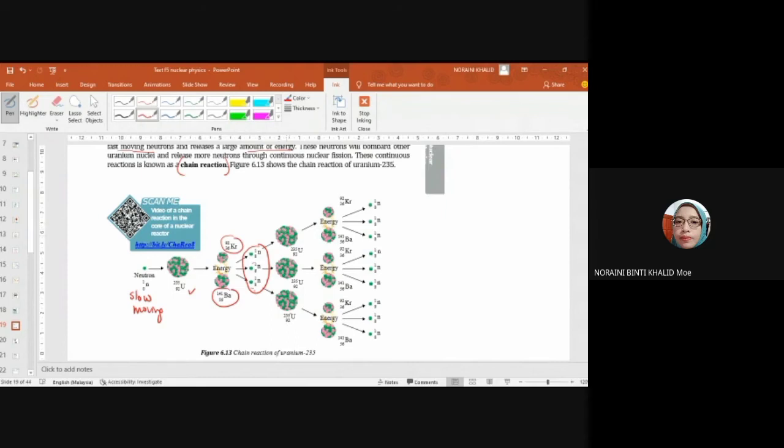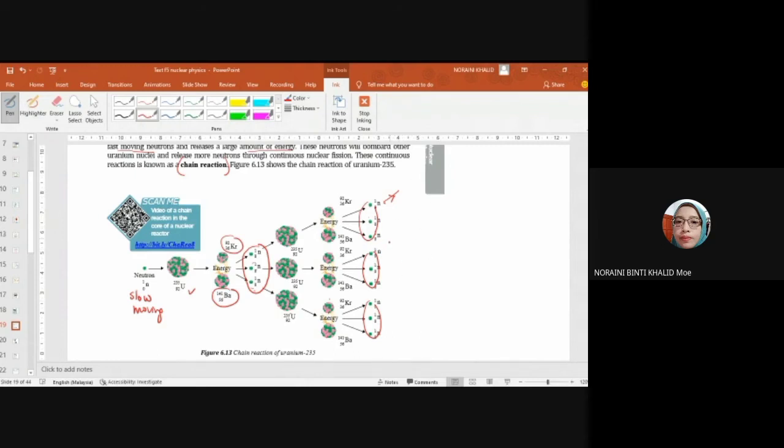So each uranium splits into 2 lighter nuclei, and each of these processes releases neutrons. So now for the second stage of fission, there are 9 neutrons. If not controlled, these neutrons will continue the fission process and produce more neutrons.